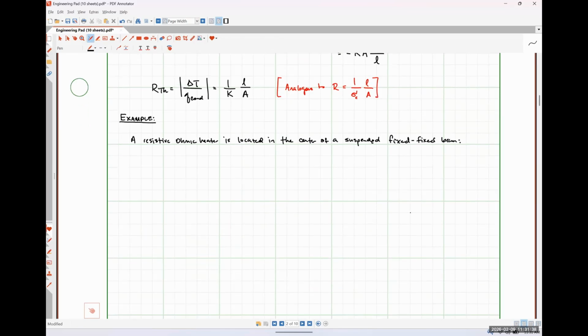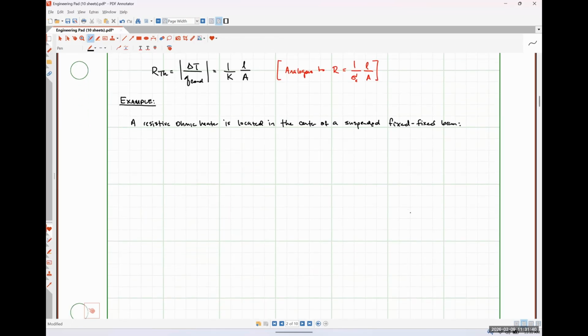So something akin to this. So we've got essentially our substrate here.